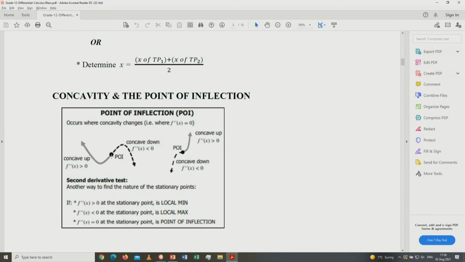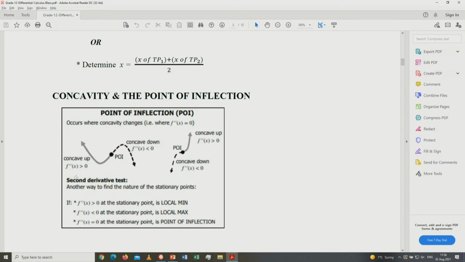After determining the value of x, you substitute it into the original to get the corresponding y value. This is the point of inflection. It was concave up, now it becomes concave down.